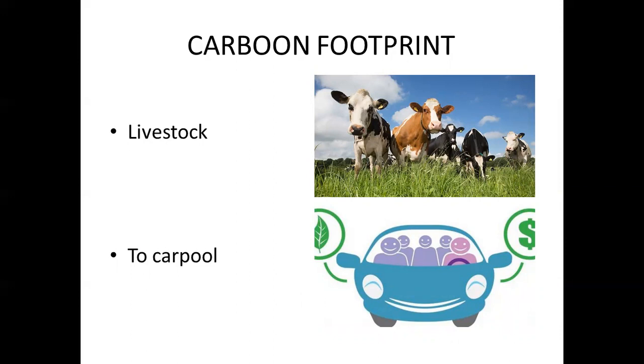So livestock is a process or method where domestic animals, not used for companionship but for other benefits, for example cattle farming, are raised for meat or milk. So livestock is that word.